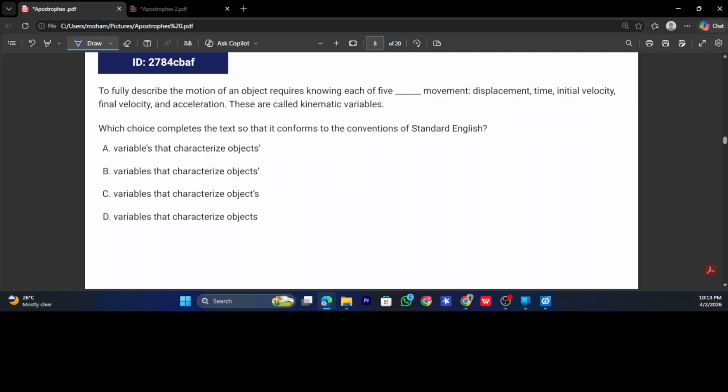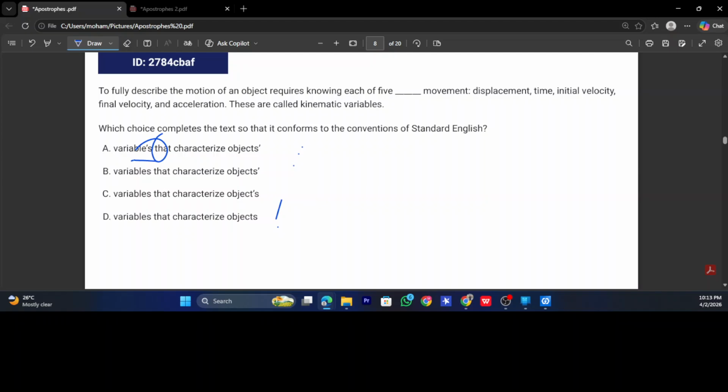Okay. First of all, look at the answer choices. Choice A is incorrect because the context requires the plural noun variables, but the apostrophe in variables is incorrect.